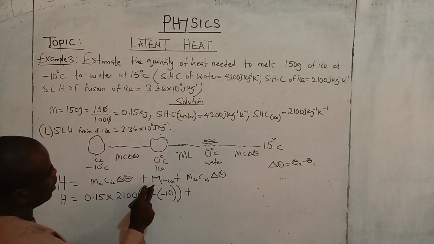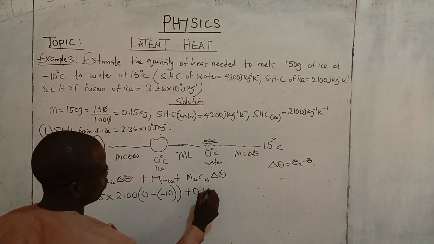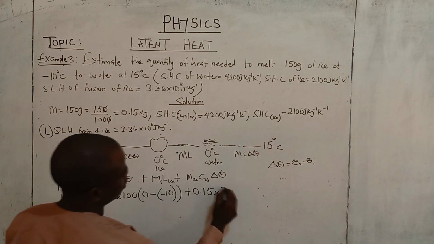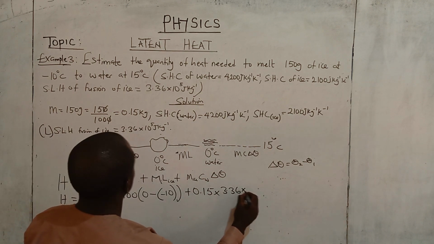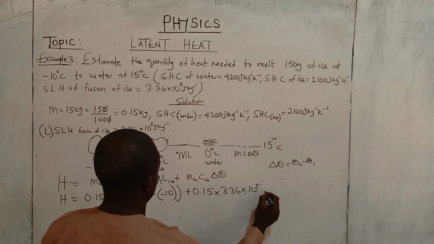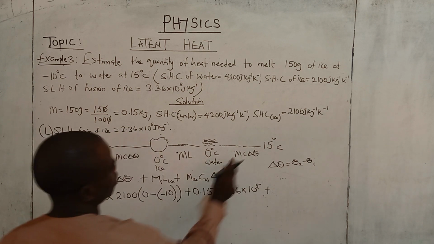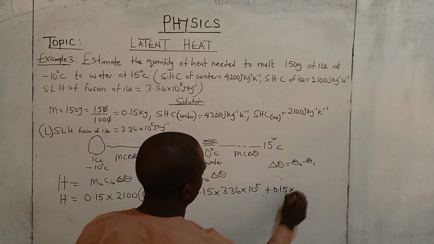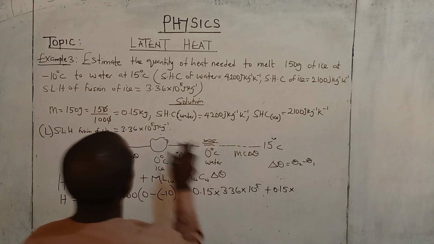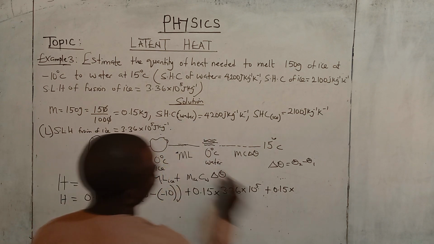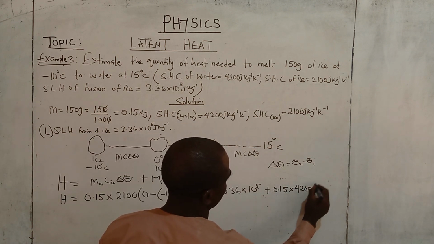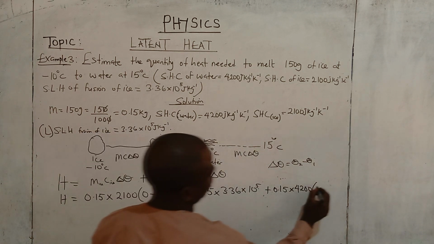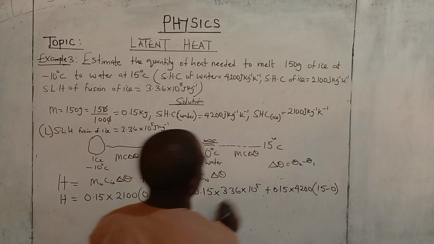Plus mass of the ice 0.15 multiplied by the latent heat of fusion of ice, 3.36 times 10 raised to the power 5, plus mass of the ice that is melting, 0.15 times, now that it has turned to water, the specific heat capacity of water, 4,200. Don't forget the change in temperature, 15 minus 0.